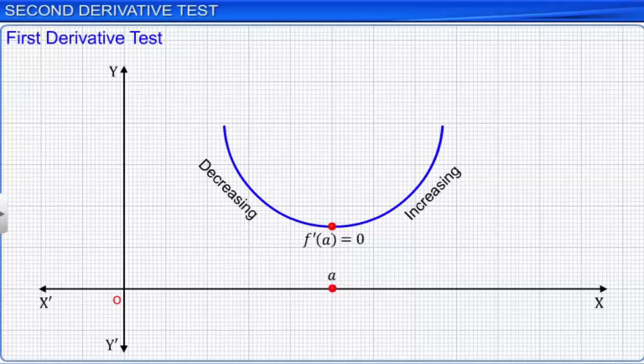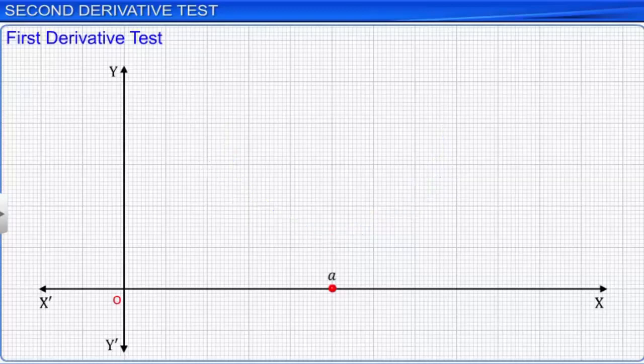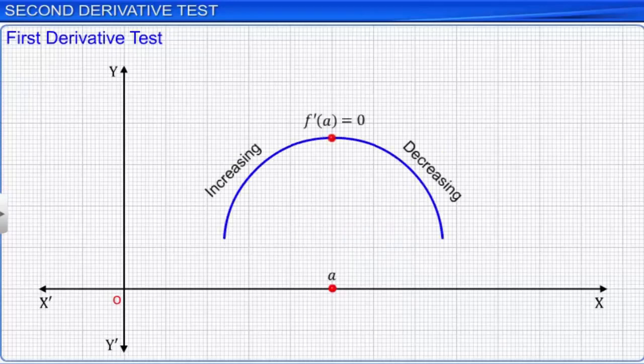And the local minimum value of the function is the value of function f at A. Also, if the derivative of f changes its sign from positive to negative as x increases through a point A, then A is the point of local maxima, and the local maximum value of the function is the value of function f at A.